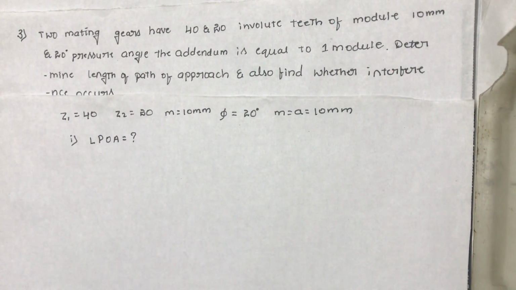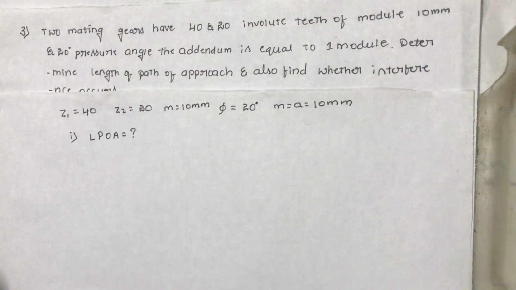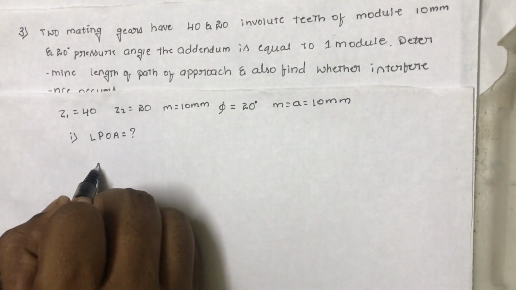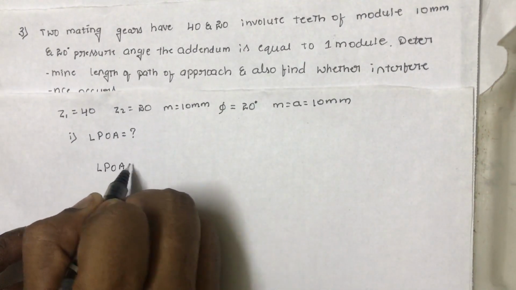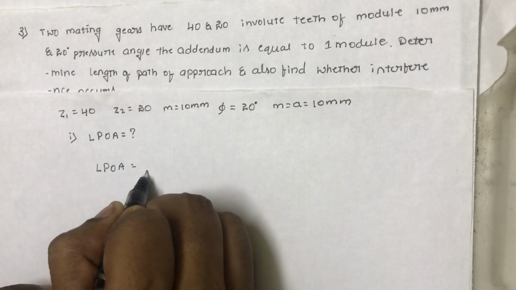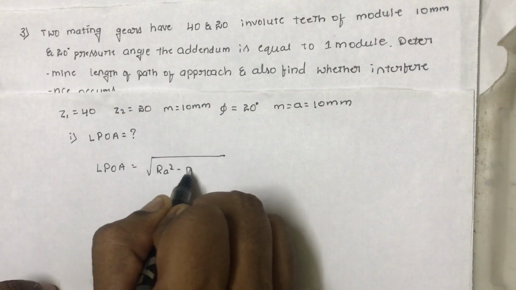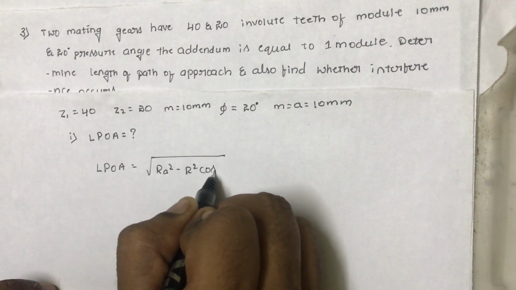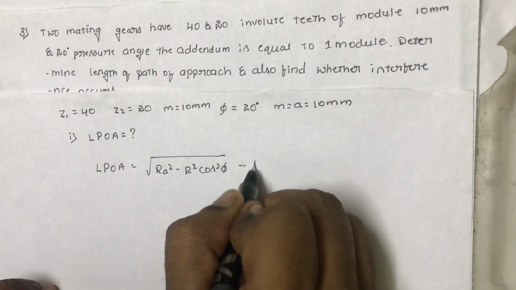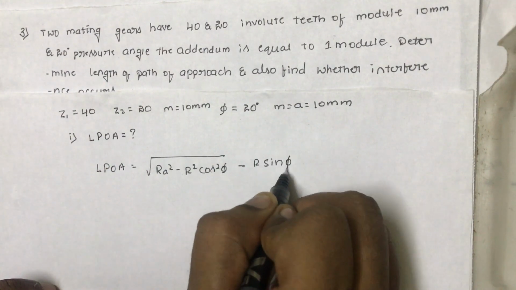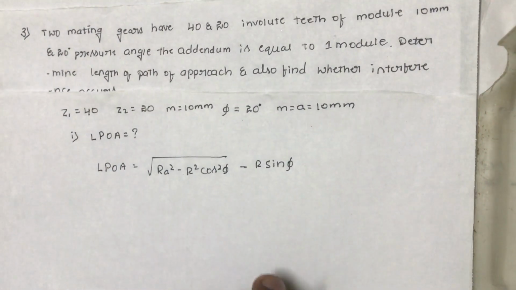Okay, so formula for that is very simple. LPOA is equal to square root of capital RA square minus R square cos square phi, minus R sin phi. It is a part of length of path of contact, correct?